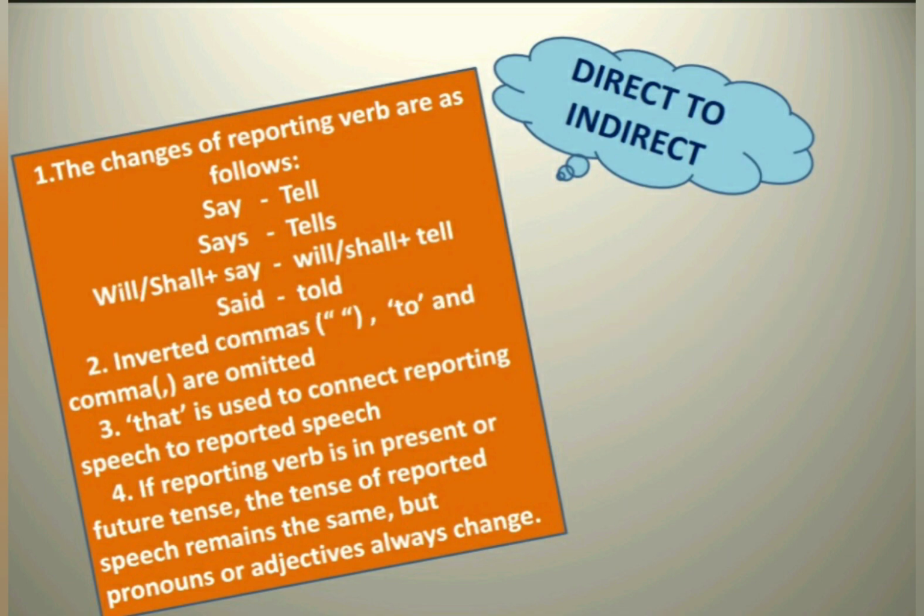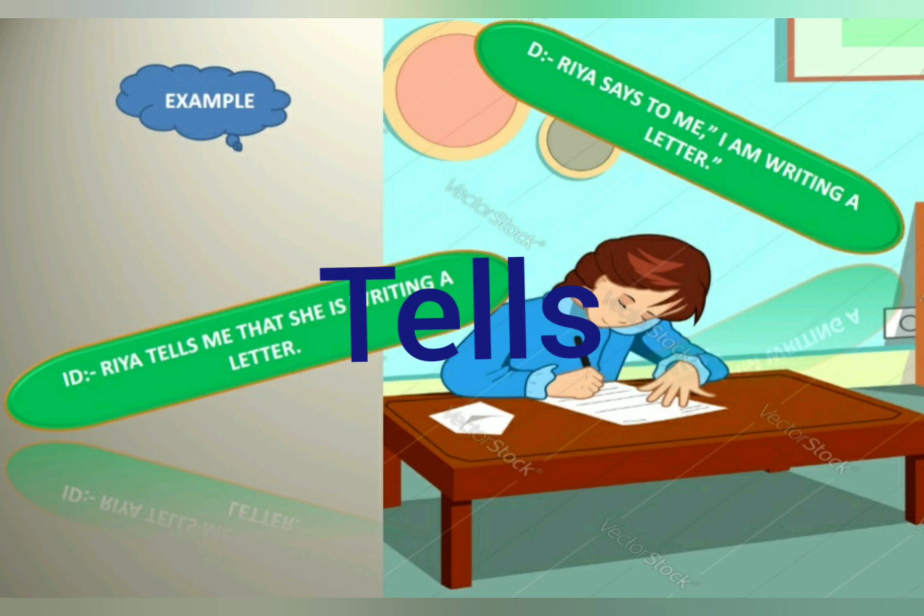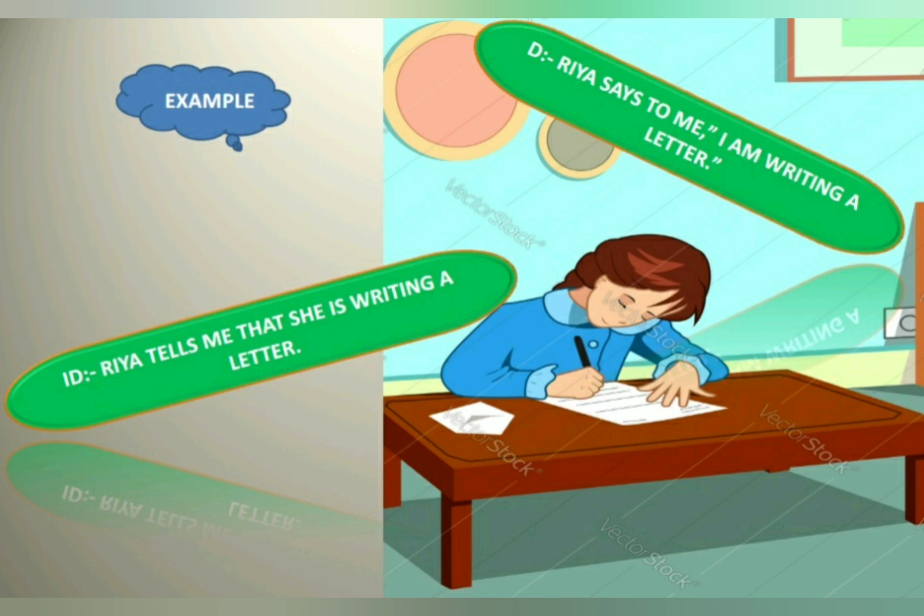Let's understand with the help of this example. If the direct speech is, Ria says to me, "I am writing a letter," then it is clear that the reporting verb says is in present tense and it will be converted into tells while converting into indirect speech. So the indirect speech is, Ria tells me that she is writing a letter.